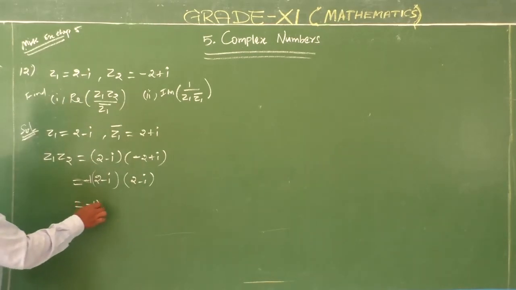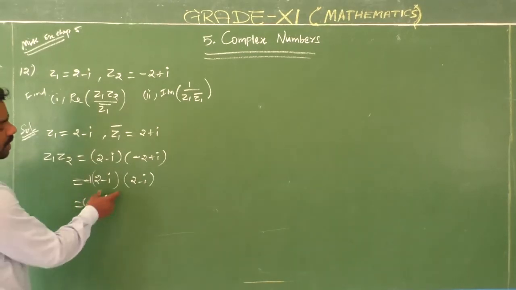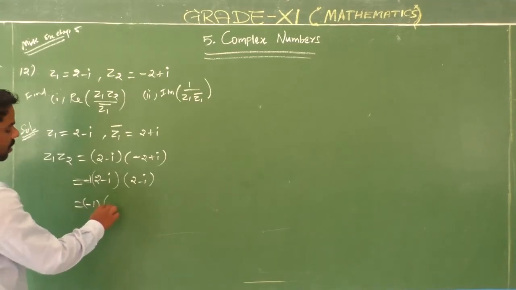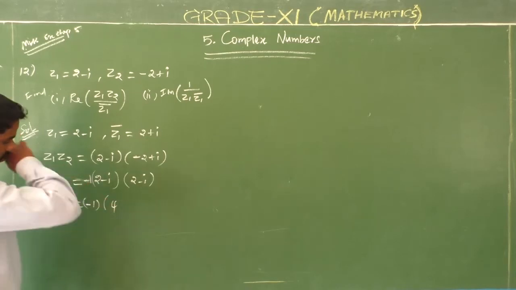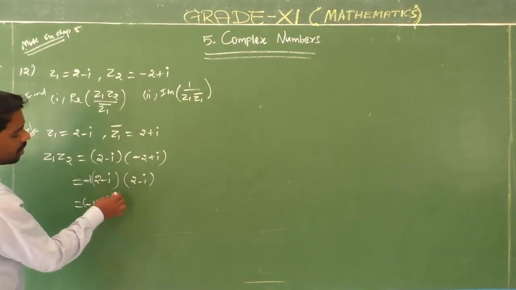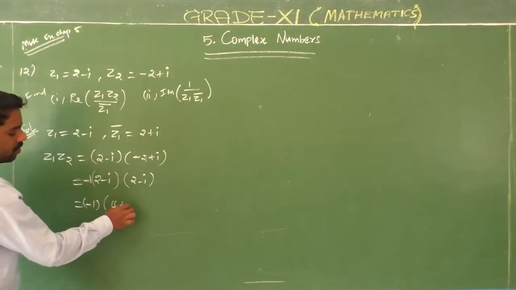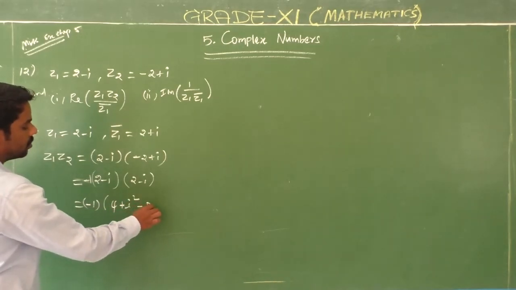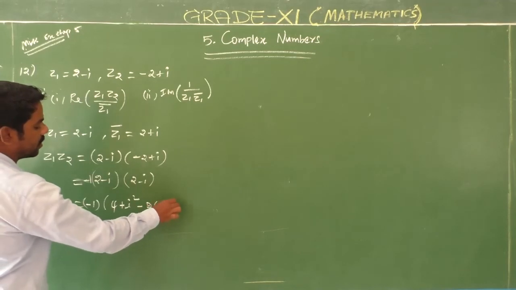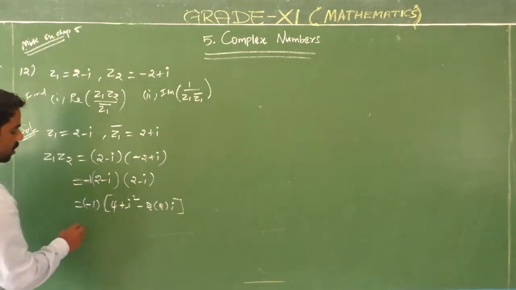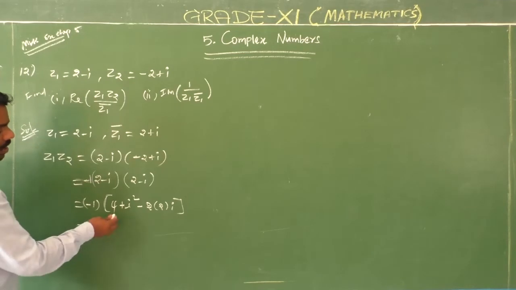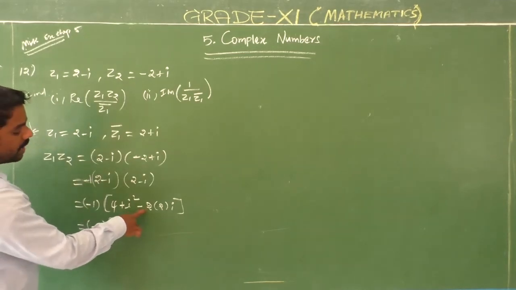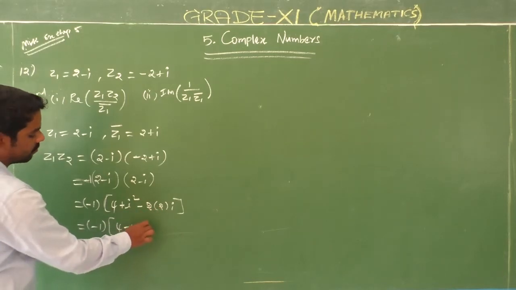Using the formula, (a minus b) whole square is a square plus b square minus 2ab. So a square is 2 square, 4, plus b square, i square, value minus 1, minus 2 into 2 into i, that is minus 4i.